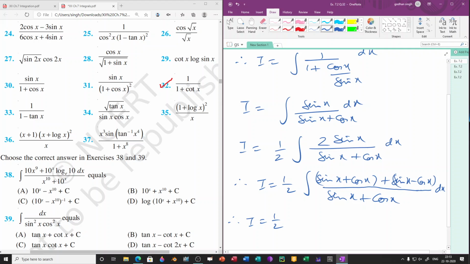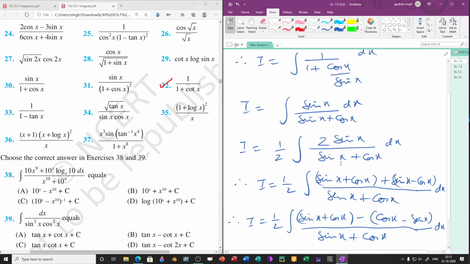So here we can take out this minus sign. Let us do that in the next step. I equal to half integration of sin x plus cos x, and let us take minus common, so this will become cos x minus sin x, whole divided by sin x plus cos x, and this is dx.